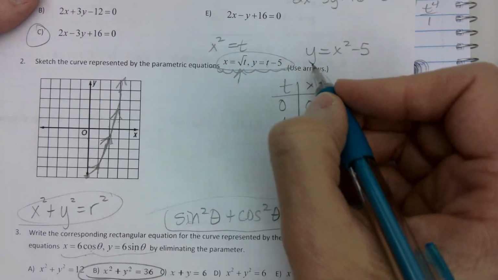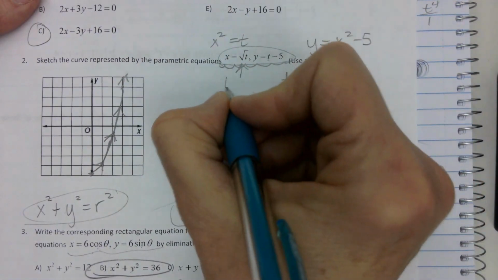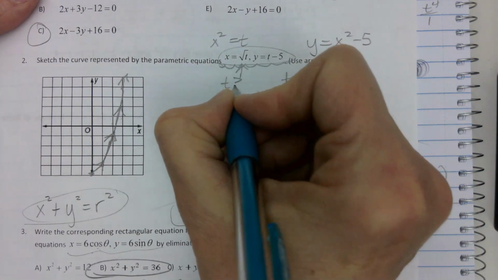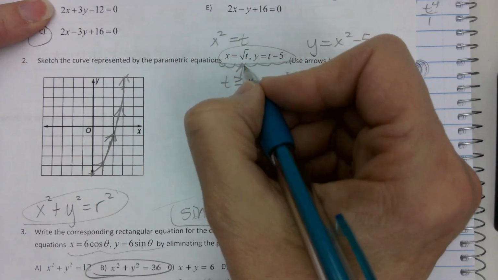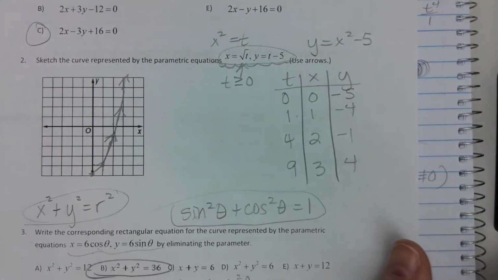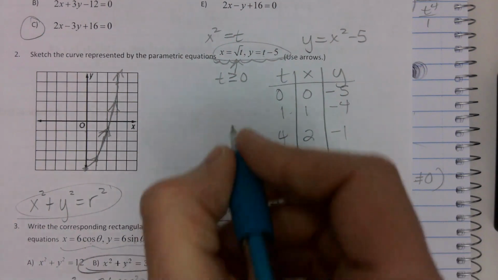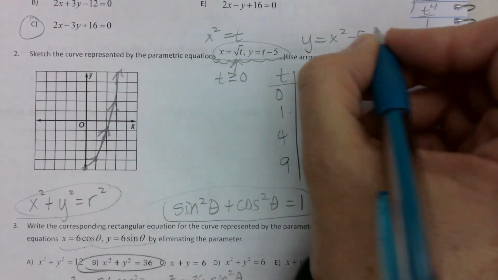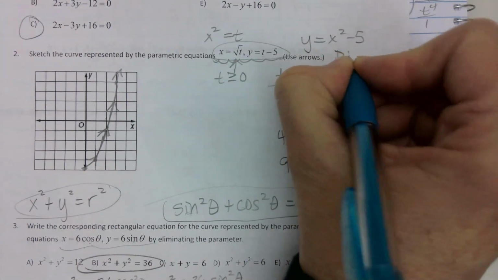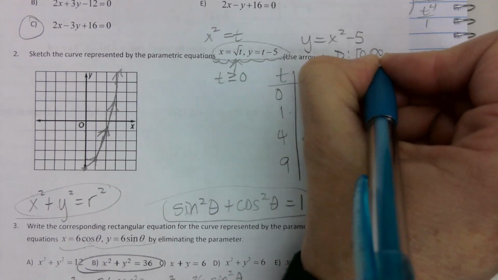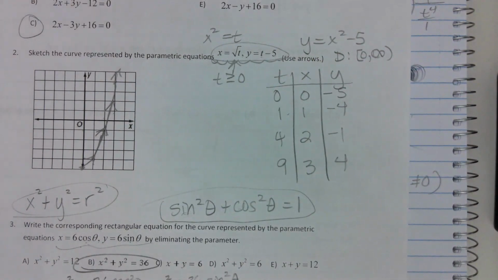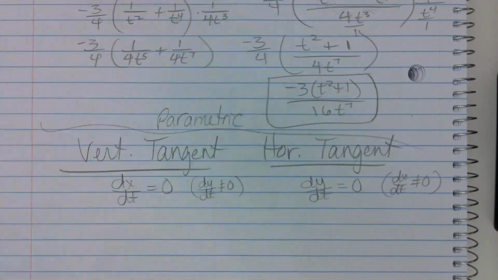However, understand, t must be greater than or equal to 0, making x must be greater than or equal to 0, correct? So we would need to restrict that domain. But it does pass the rule. All right.